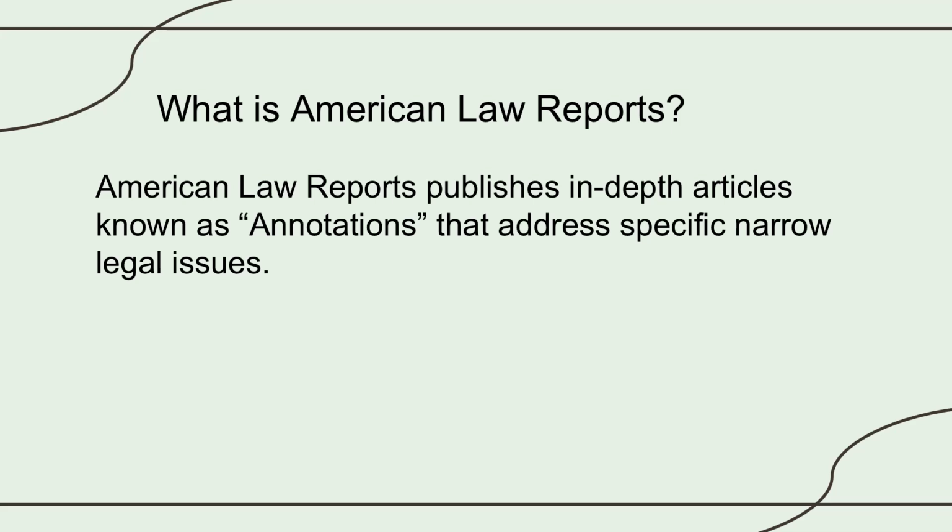Each volume of American Law Reports includes a number of in-depth articles that historically were called annotations. I've noticed that the most recent revision of the Uniform System of Citation refers to them as articles, but I'm going to call them annotations. Each annotation addresses a very specific, narrow legal issue.